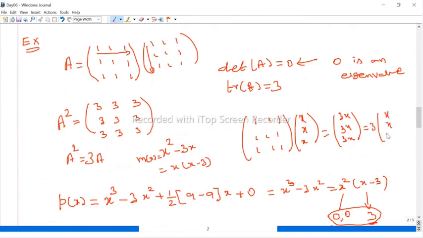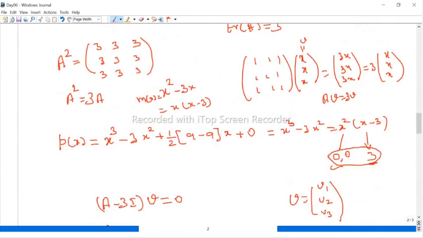Therefore, we get AV equal to 3 times V, where V is this x, x, x. Therefore, this is the eigenvector of A corresponding to the eigenvalue 3. Similarly, we can find an eigenvector corresponding to the eigenvalue 0.